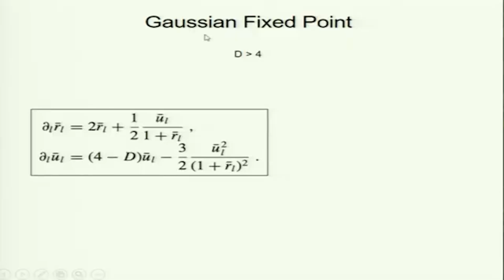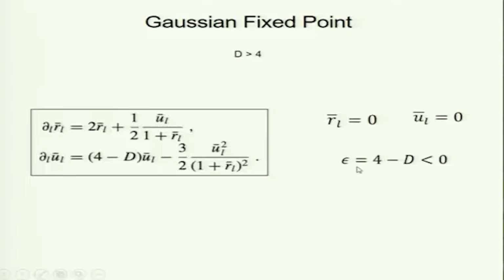So, there is one fixed point and the other fixed point is slightly nontrivial. Okay. So, let us study those two fixed points. One is called the Gaussian fixed point, which is what I said, 0 0. You can just have a look and you find that 0 0 is the solution. Okay. There are two solutions, and we choose a parameter called epsilon, which is defined as 4 minus d. Okay. So, I am going to work with d greater than 4. d is the dimension.